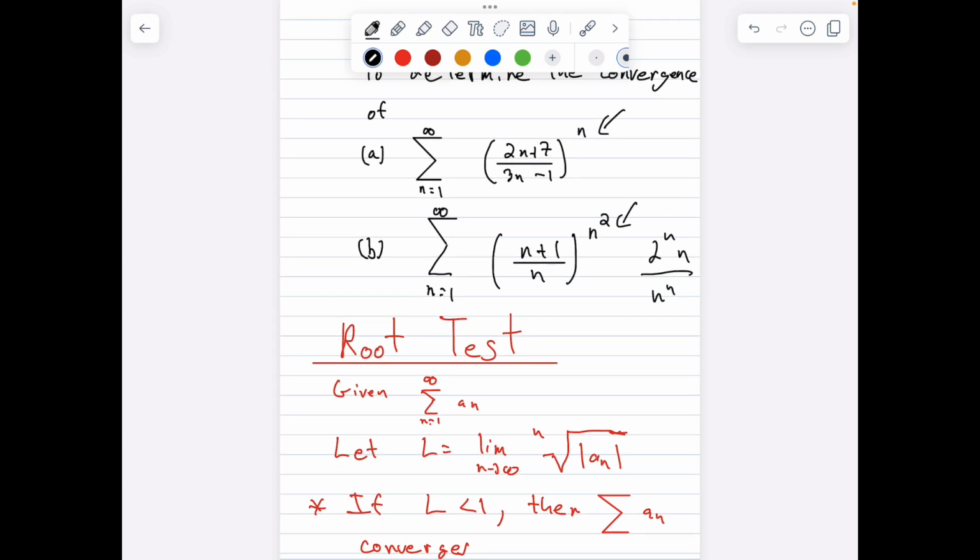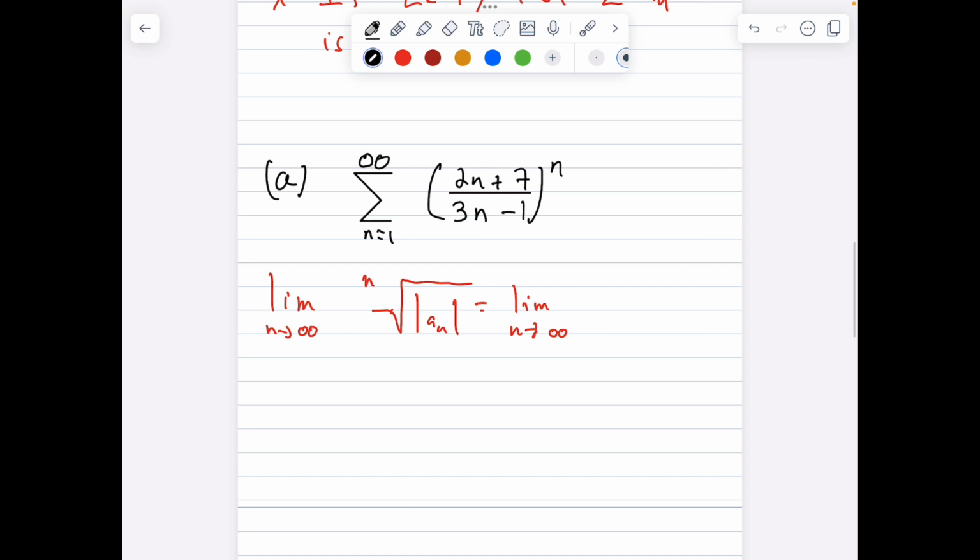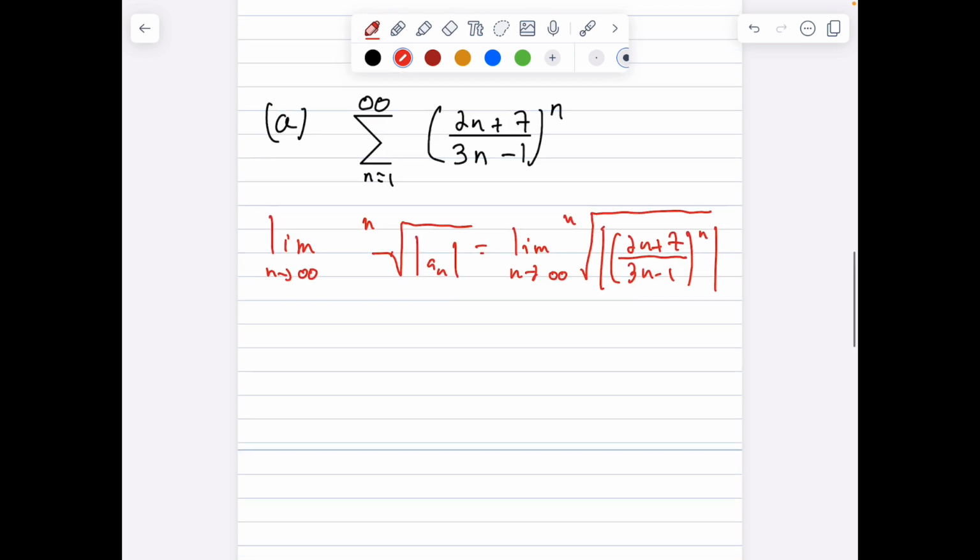All right, so let's go ahead and apply it to the first series. So we're going to take the nth root of the absolute value of 2n plus 7 over 3n minus 1, all to the n power. Now this quantity, 2n plus 7 divided by 3n minus 1, is positive, so I'm going to take the absolute value of that.